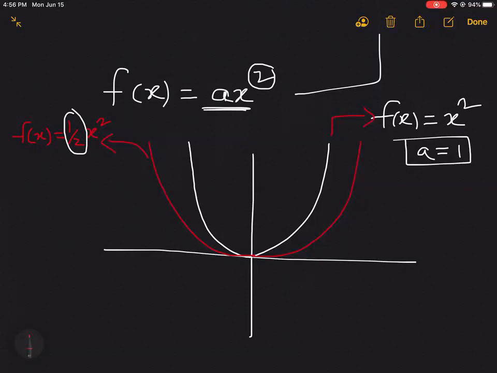So we know that this graph will be stretched by 2, right? Now what happens if we take, let's say, f of x equals 3x squared? We are multiplying this by 3. So once again, your intuition should say the entire graph will be compressed by 3, right?